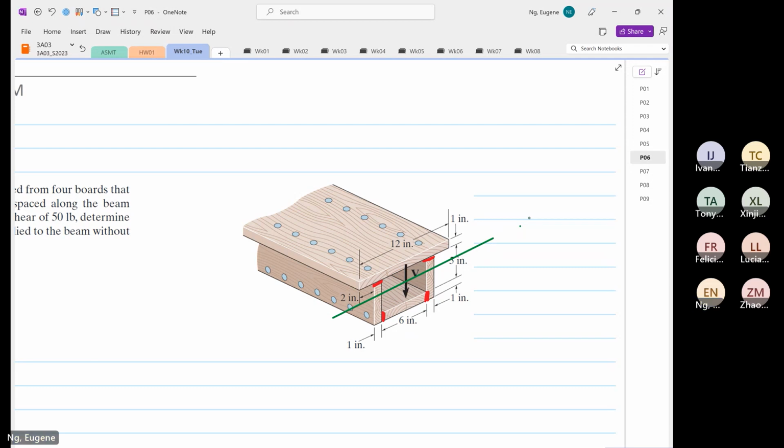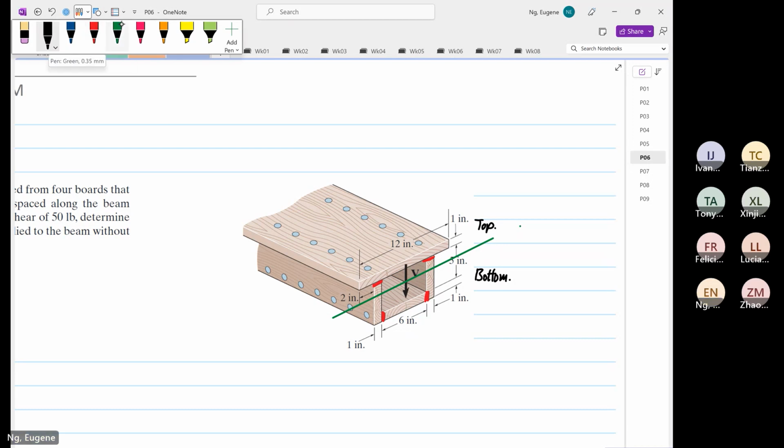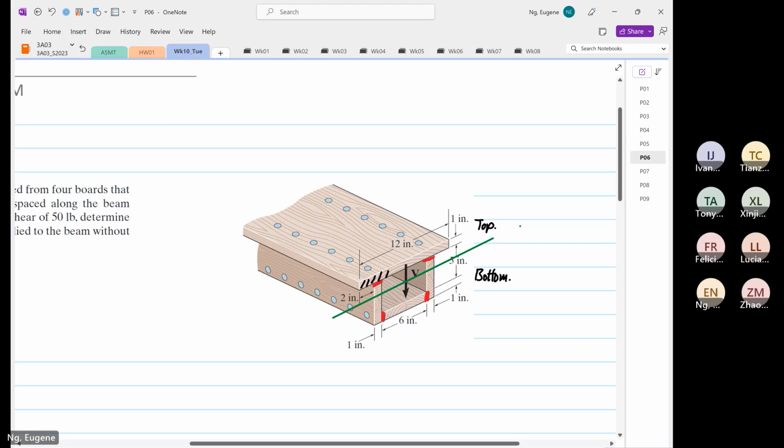If I were to divide this failure into the top, and I'm going to call this the bottom. At the top, the first moment of area that we have to take is this area over here for the top. For the bottom, we have to take this area.